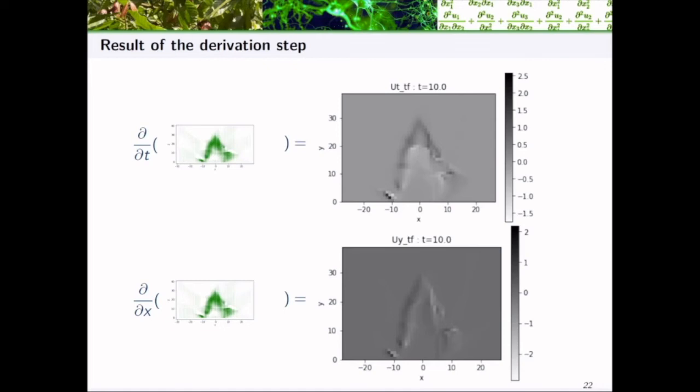The darker the cells are, the higher the value of the derivative is, and we can notice that most of the variations occur at the edge or at the border of the tree. At this stage, we don't really know if the result we've obtained is true or not, and we might need help from experts to tell us if, biologically speaking, it is true or not. What a pity.